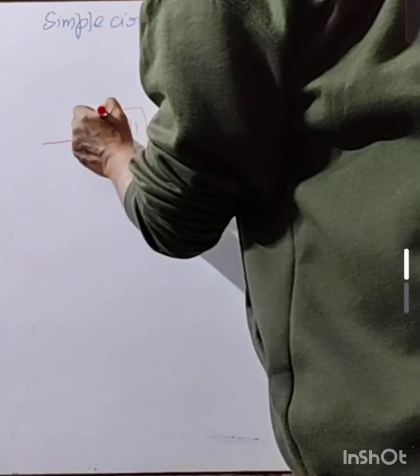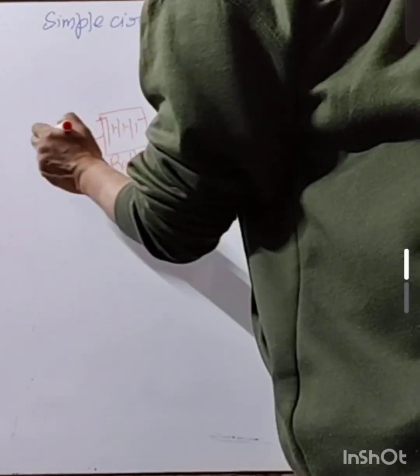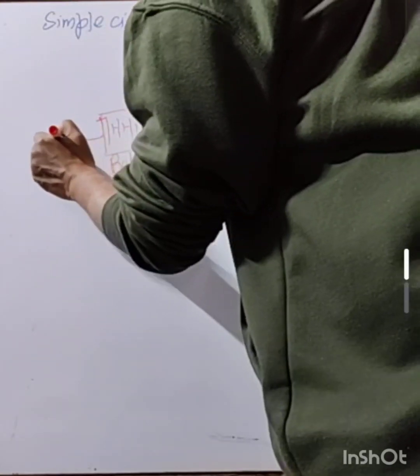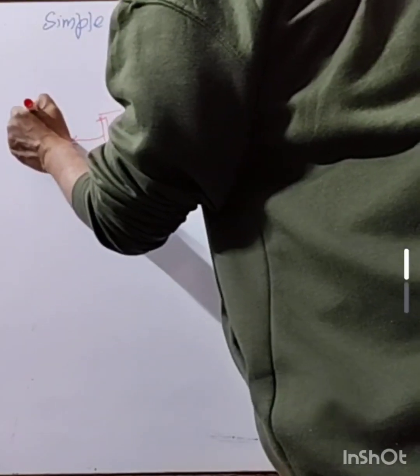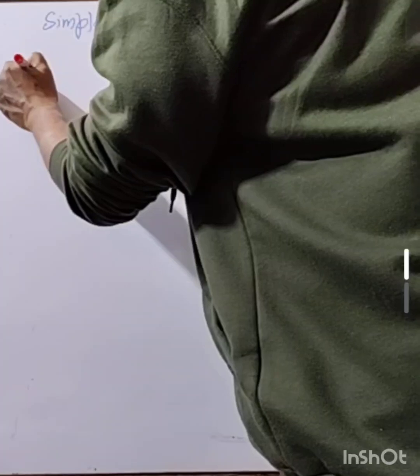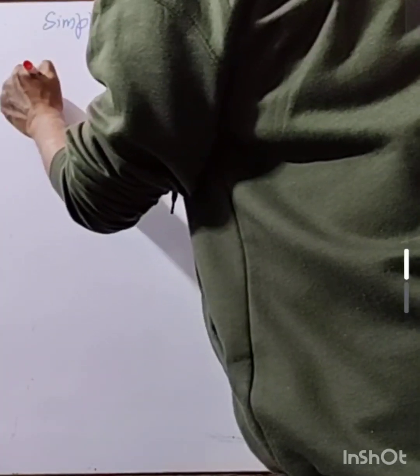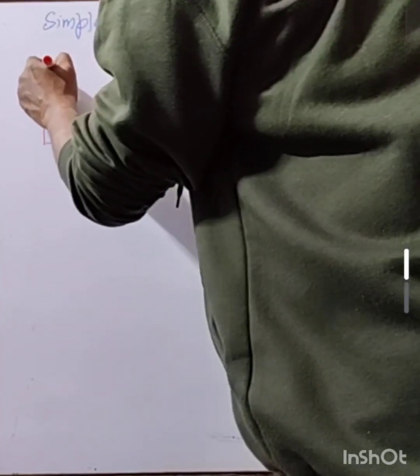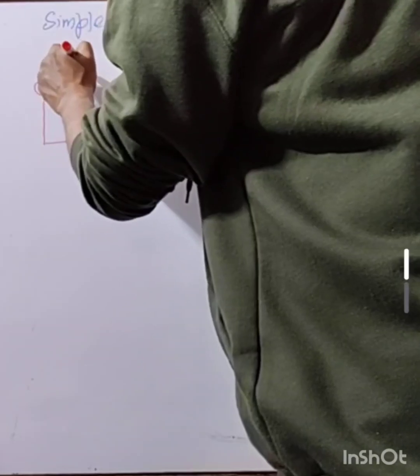This is the positive terminal, this is the negative terminal, so current will flow in this direction. Here is an ammeter.